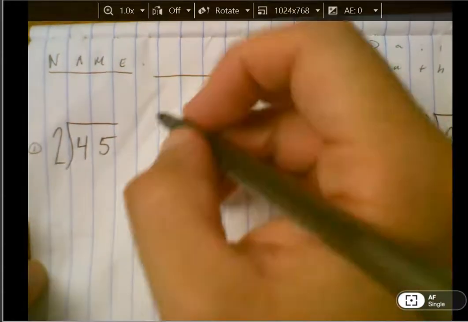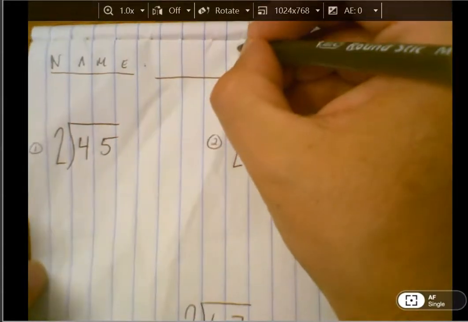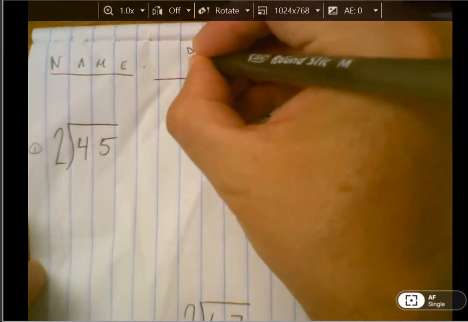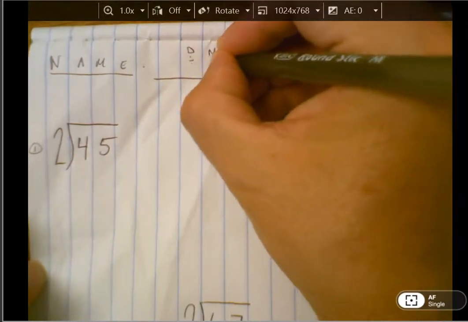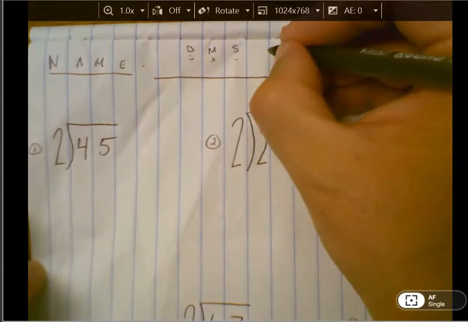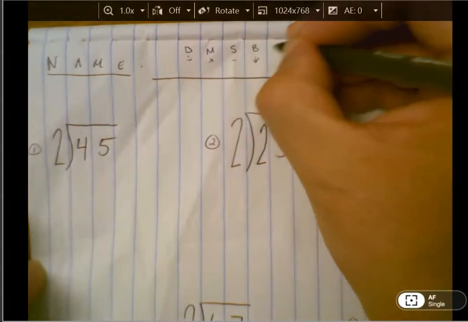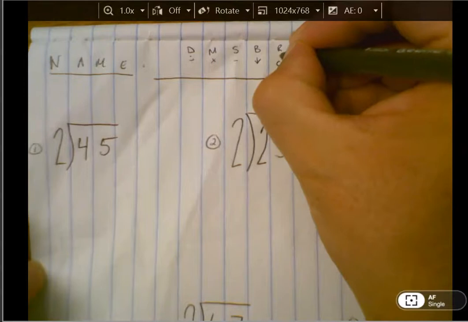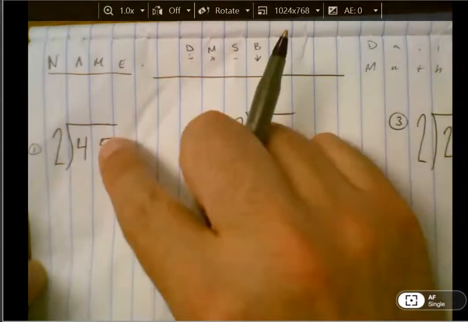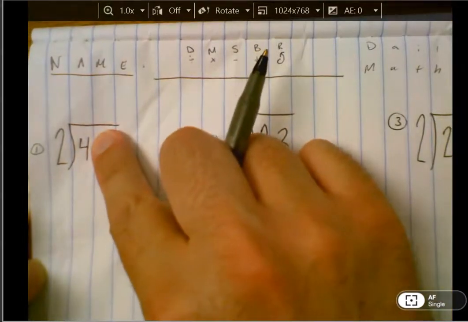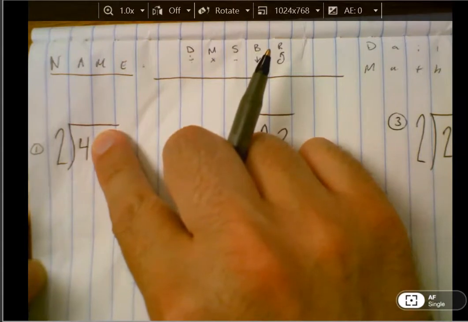To divide, I have to remember that the steps are divide, multiply, subtract, bring down, repeat, or remainder. So I start by taking a look at the tens to see, can I break apart that 4 by 2? If I had 4 of something, could I give it equally to 2 people?